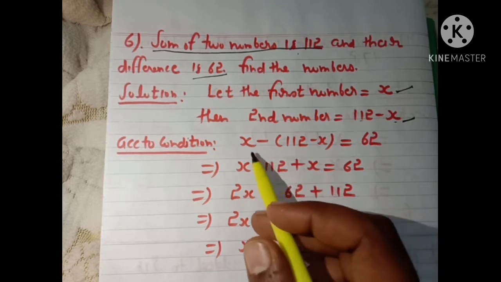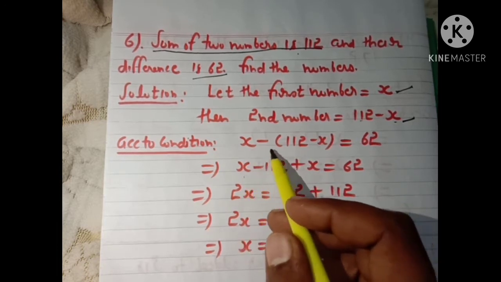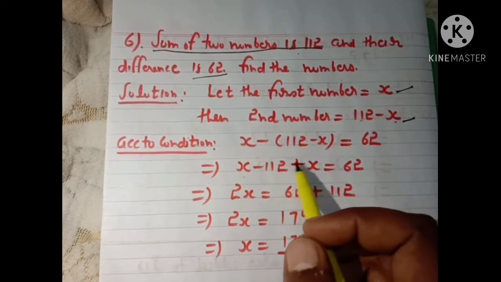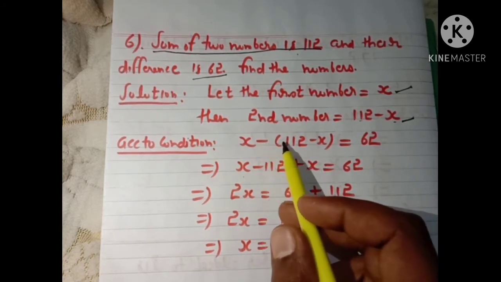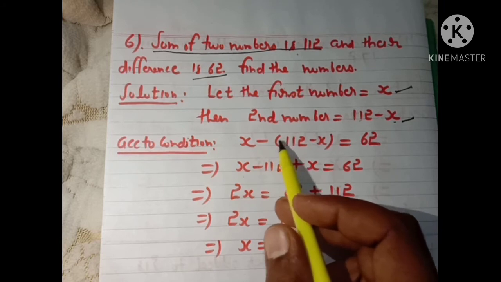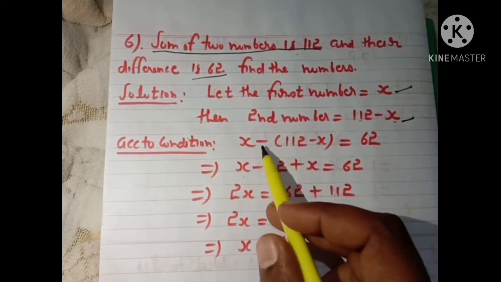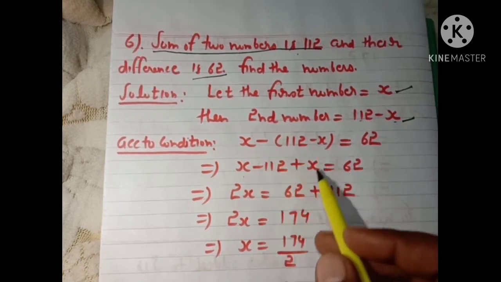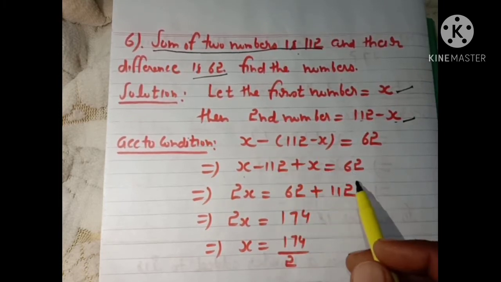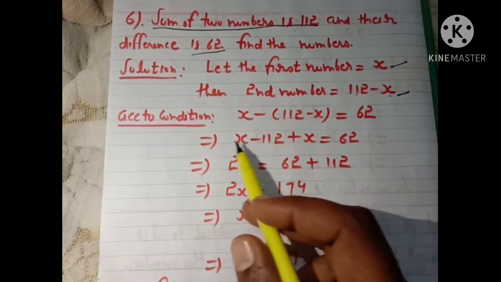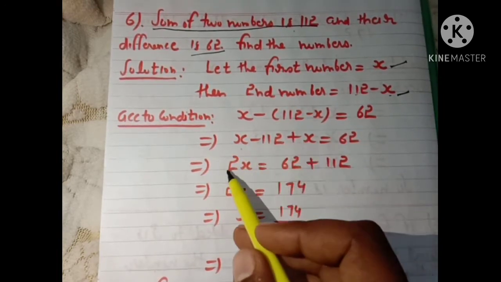Now we have to solve this one. Take this x as it is, and then we have to take this minus inside the bracket, or simply open the bracket. Now you can see this 112 is a plus sign, then plus minus is minus, minus 112, and also this minus minus is plus, and then it will become x is equal to 62. And now you can see this x and this x both are of plus sign, so x plus x is 2x.